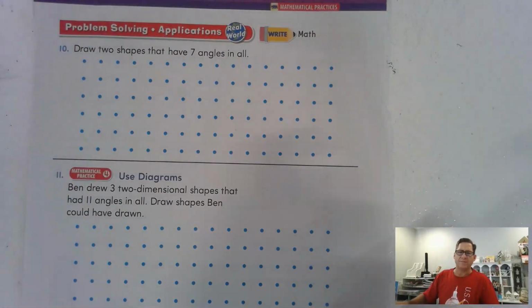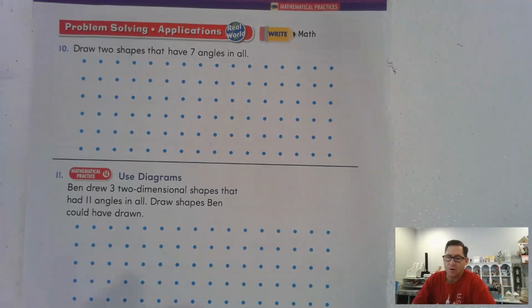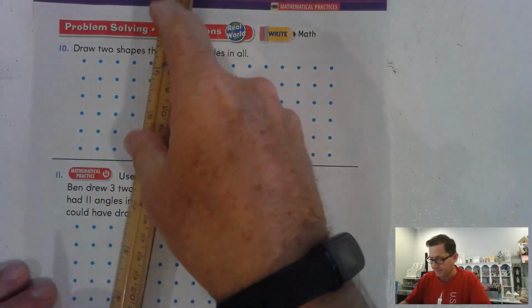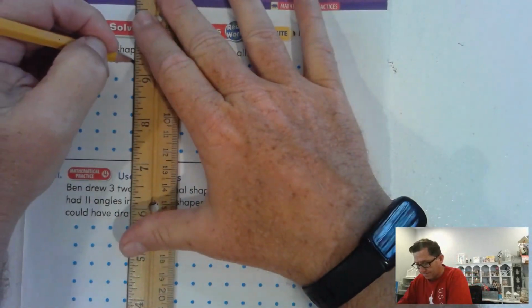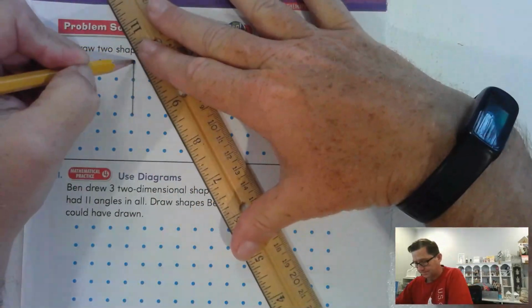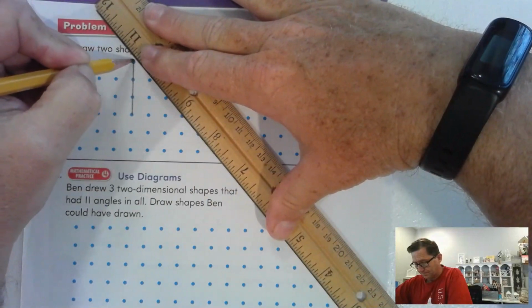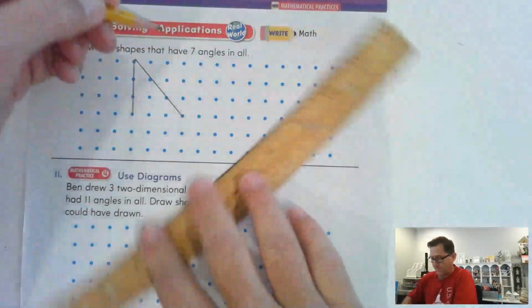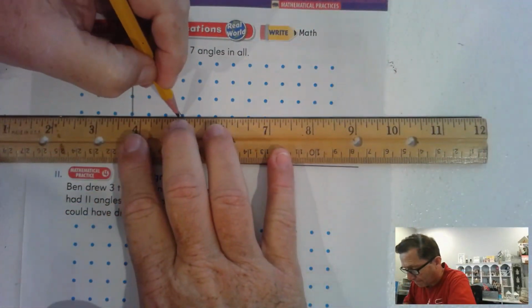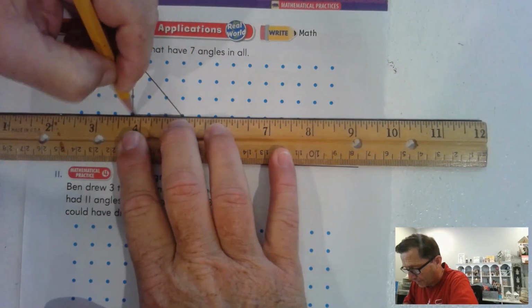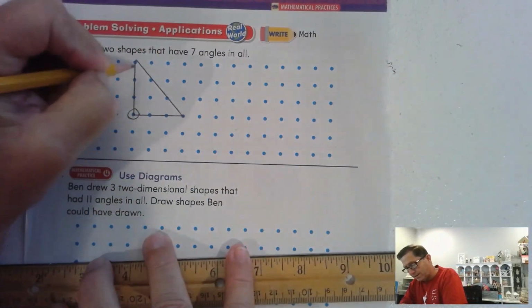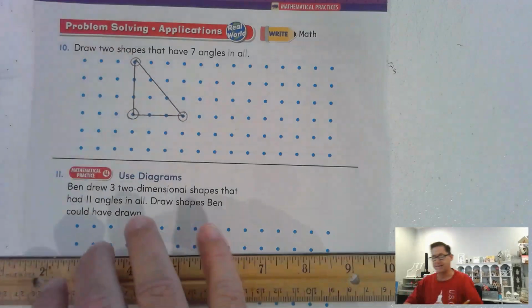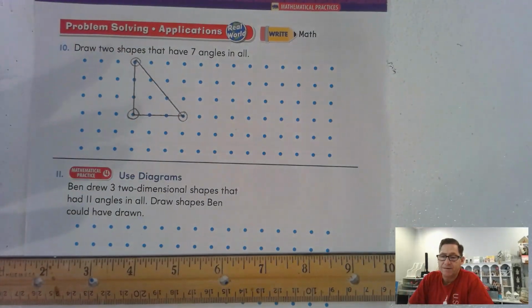So draw 2 shapes that have 7 angles in all. All right, well, the smallest shape I can draw that is closed would be a 3-sided figure. So I'm going to start there. All right, so I have 1, 2, 3. 3 plus what is 7? 4.